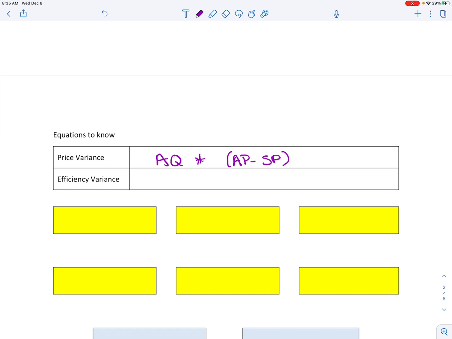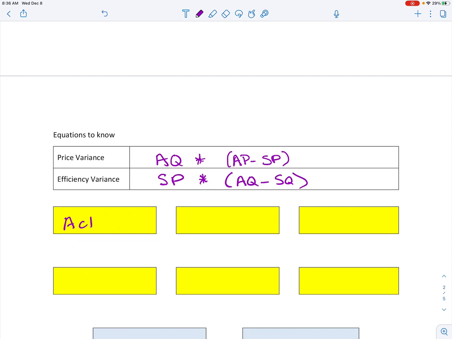And when we're looking at efficiency variance, we're going to take our standard price and multiply that by our actual quantity minus our standard quantity. Because when we're looking at efficiency, we're looking at the quantity used. When we're looking at price, we're looking at the difference in prices. So if we wanted to get those total variances, these are our shortcut equations. But I'm going to show you where those come from.